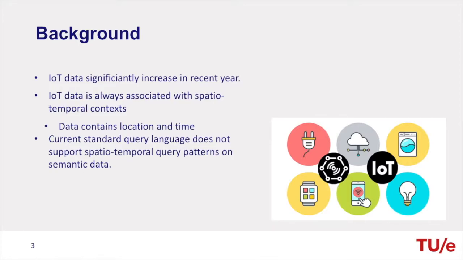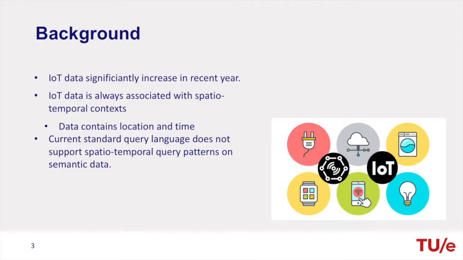IoT data has significantly increased in recent years, and this data is always associated with a spatial temporal context. Therefore, the query processing engine for this data needs to support spatial temporal computation.